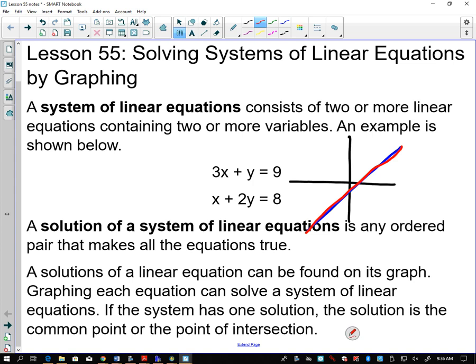When two lines are the same line, we say they have an infinite number of solutions, because everything I plug in for x and y is going to fit either one of those two. So given two or more equations, there are three possibilities. They either have one solution, no solution, or infinite solutions.